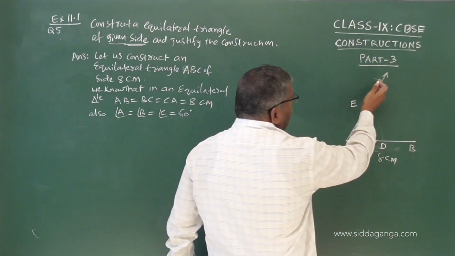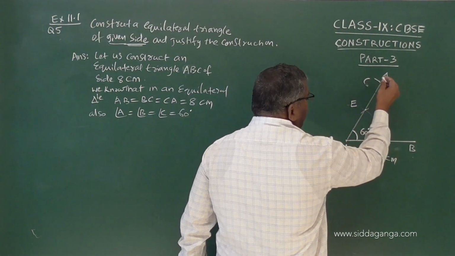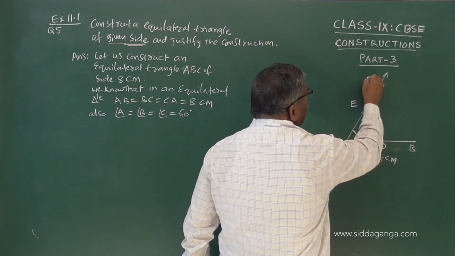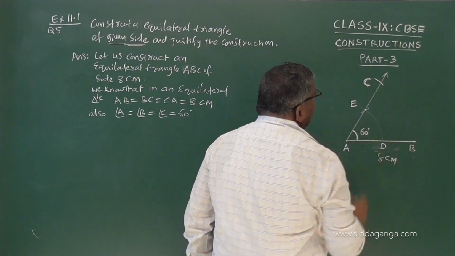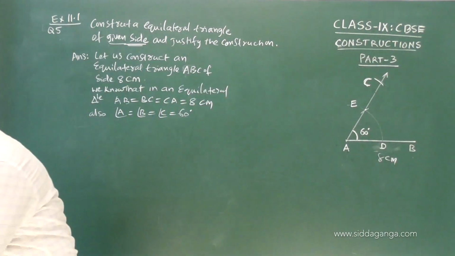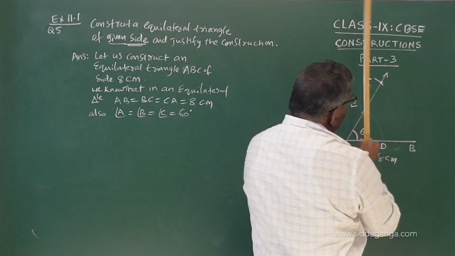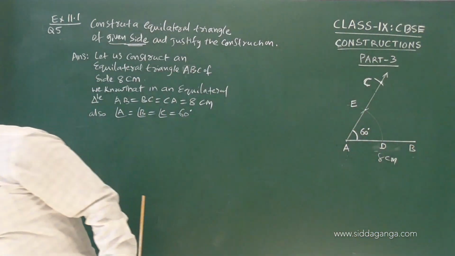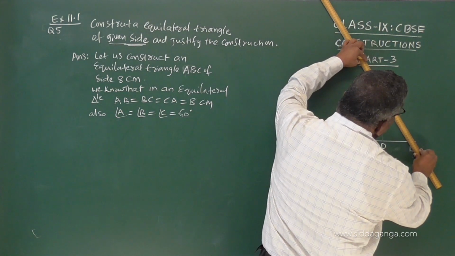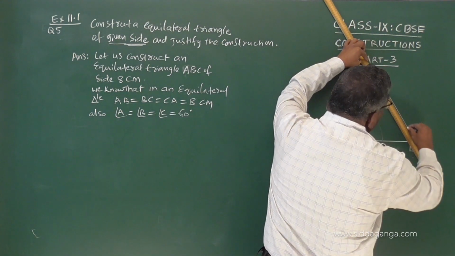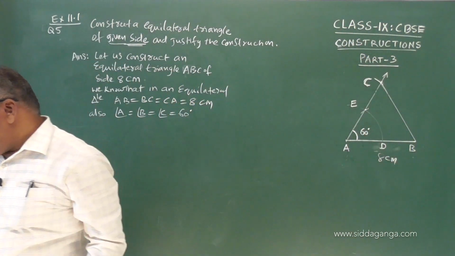You can call this point C. AB is 8 centimeter, AC is 8 centimeter. Now join BC. So this is BC.